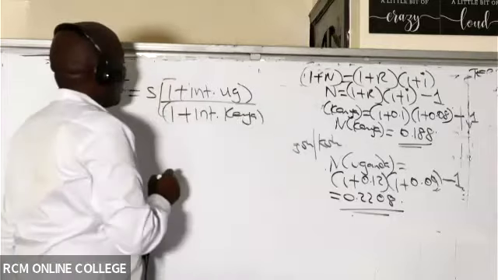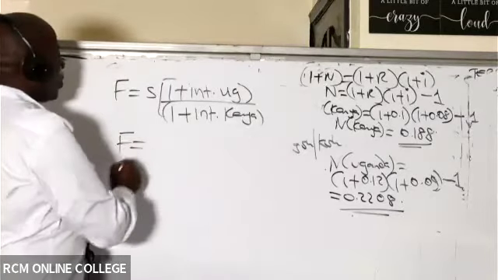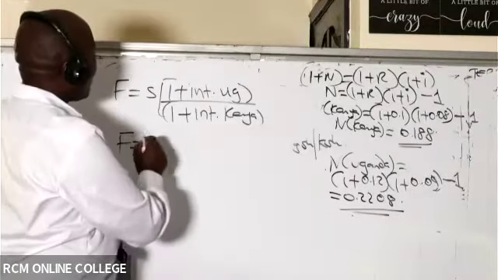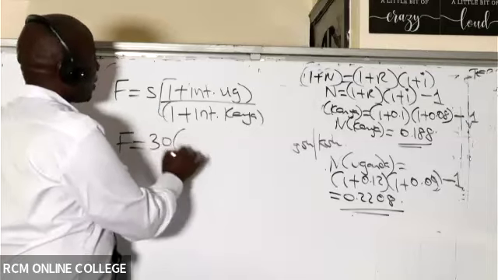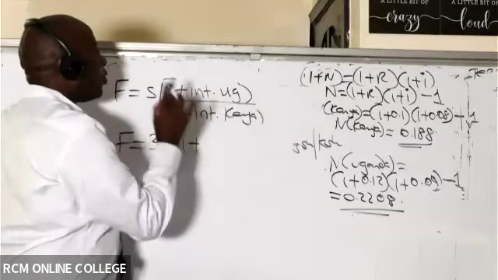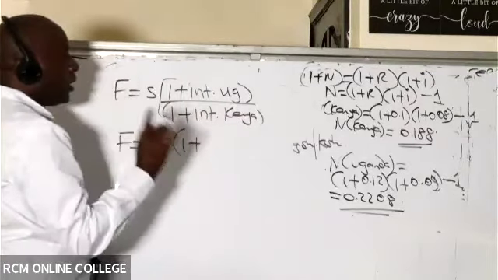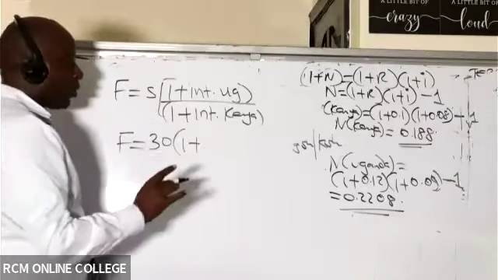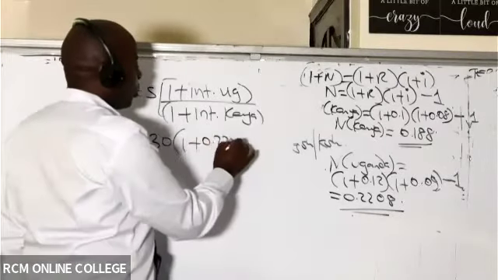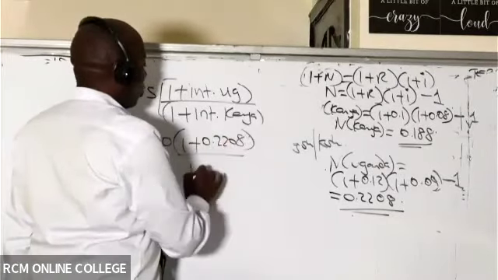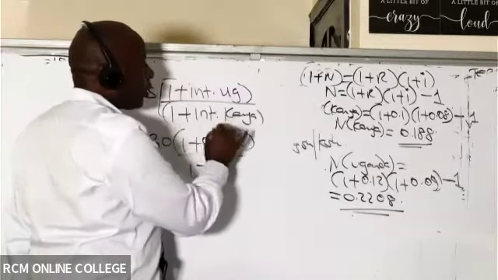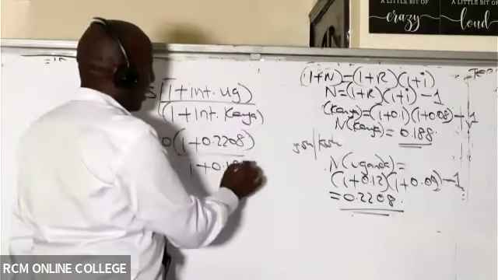My F here will be equal to the spot rate, which is 30 Uganda shillings, into 1 plus interest in Uganda, which has to be the nominal interest rate, 0.2208, all over 1 plus interest rate in Kenya, which has to be the nominal, 0.188.